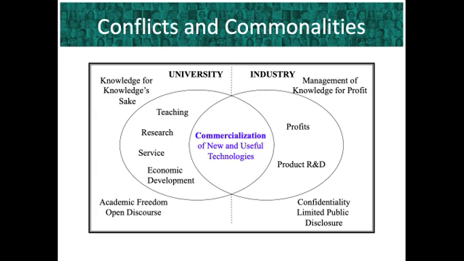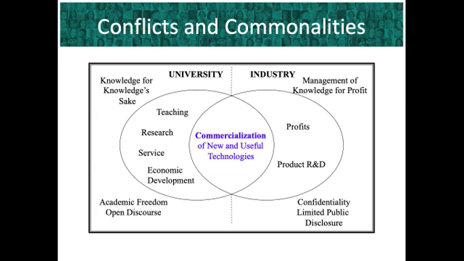So you can see a university largely is looking for knowledge's sake, and is committed to academic freedom and open discourse while it's engaged in teaching, research, service, and economic development. Industry, by contrast, is about managing knowledge for profit. So they don't want knowledge for knowledge's sake.